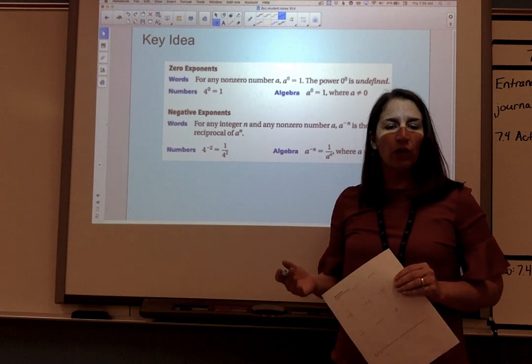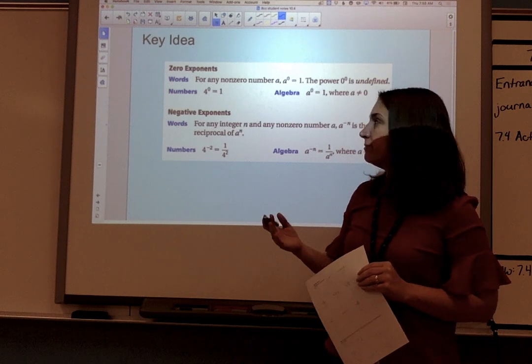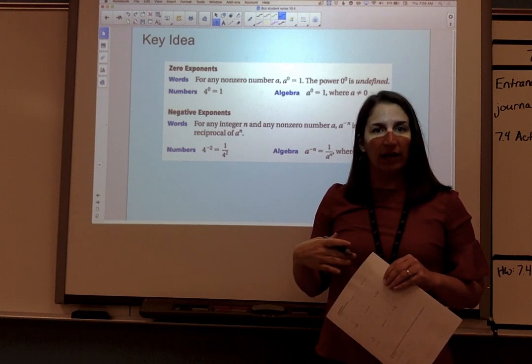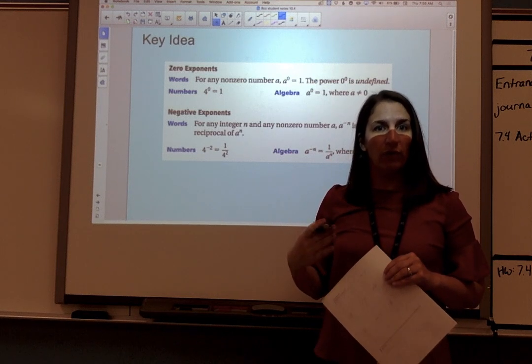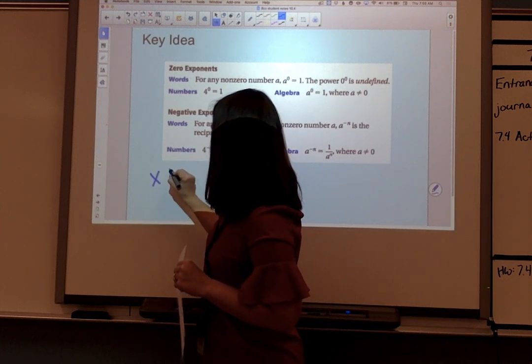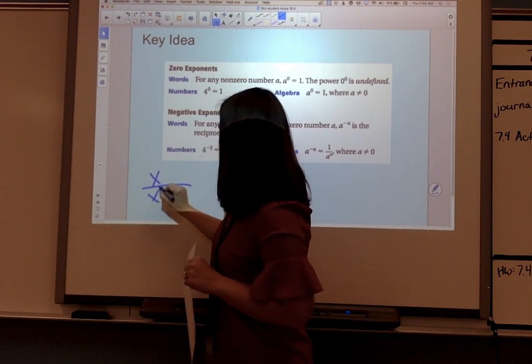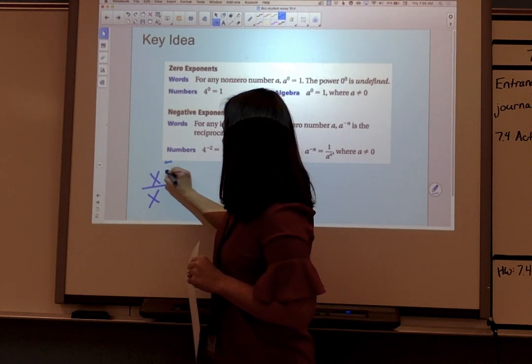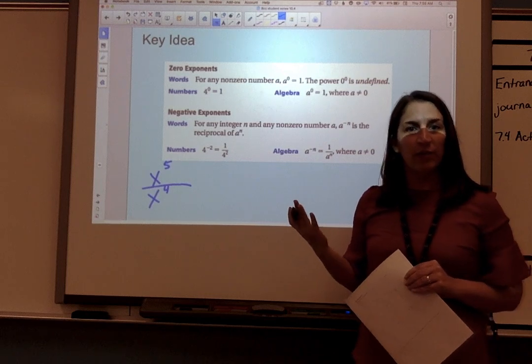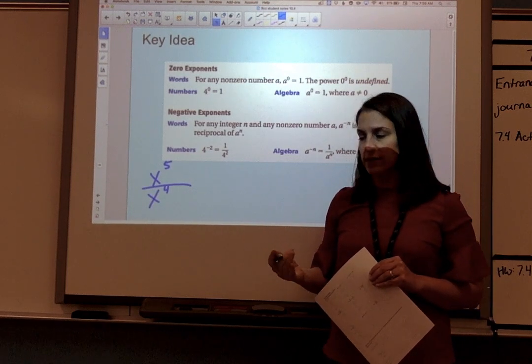We know that based on the quotient of power property, if we have a numerator and a denominator with a power in both with the same base, so for example, if we had x to the 5th power over x to the 4th power, we would simplify that by subtracting the exponents.